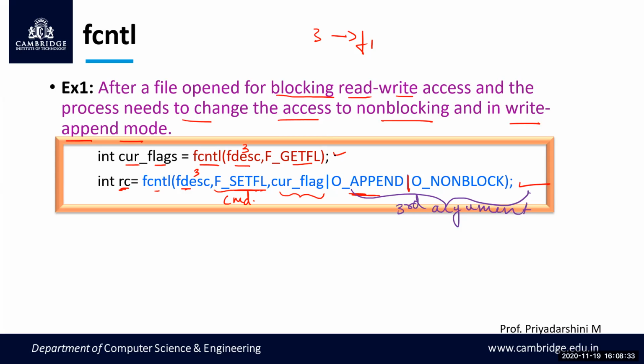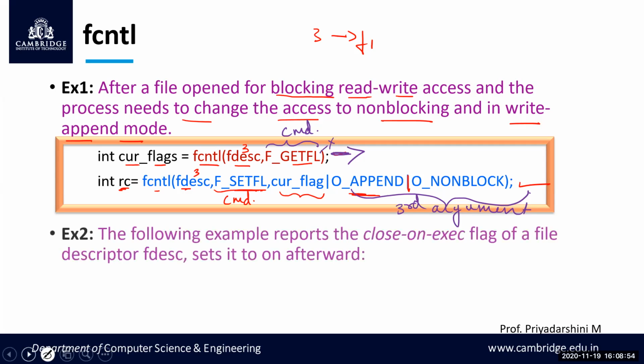You can see in the above example, the third argument is not specified because I'm just getting the information. This part is my second argument. It is a command value. As I'm getting the flag information, I don't have to set any new flag in the third argument. So it is only getting the information.